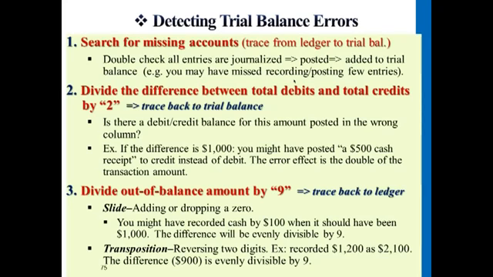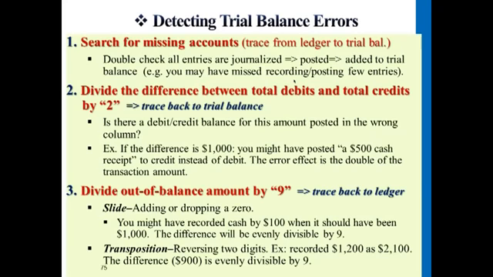So for example, if you have recorded $1,200 of cash, but you mistakenly recorded it as $2,100, you see the difference in between. The 900 is also evenly divisible by 9. Okay, so if you find that in the trial balance the ending difference is evenly divisible by 9, it could be either one of these.